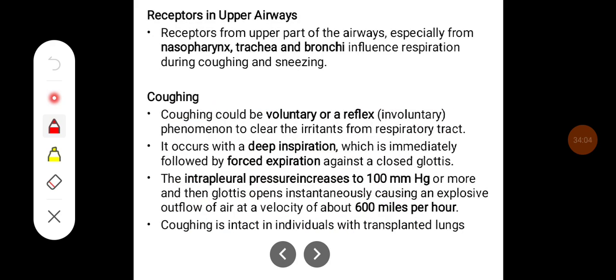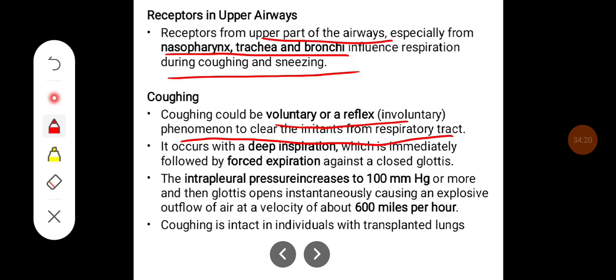The receptors from the upper part of the airway, especially from the nasopharynx, trachea, and bronchi, influence respiration during coughing and sneezing. Coughing could be a voluntary reflex or an involuntary phenomenon to clear the irritants from the respiratory tract. It occurs with a deep inspiration, which is immediately followed by forced expiration against a closed glottis.